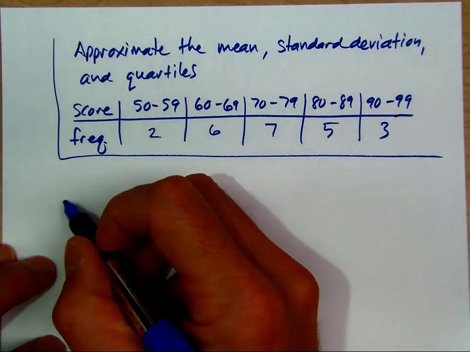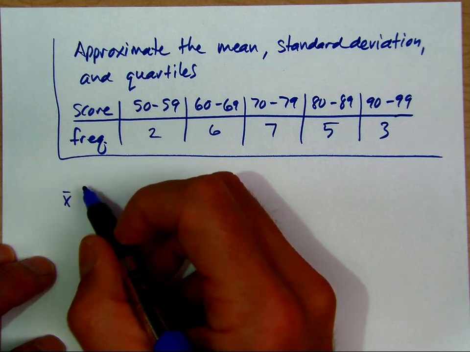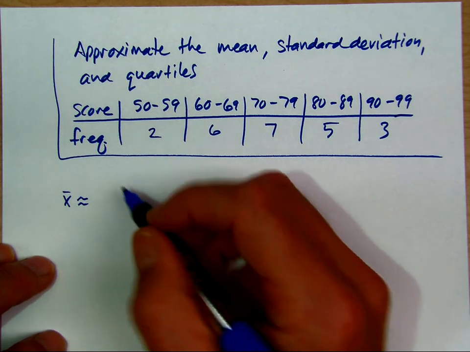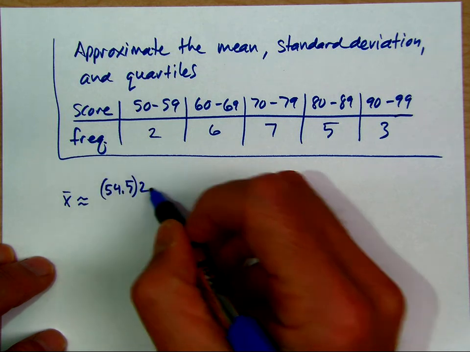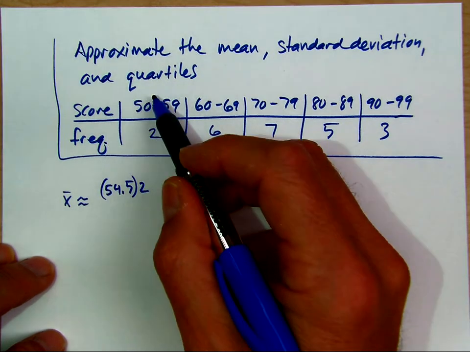So the mean is approximately 54.5 times 2, because we have two 54.5s.